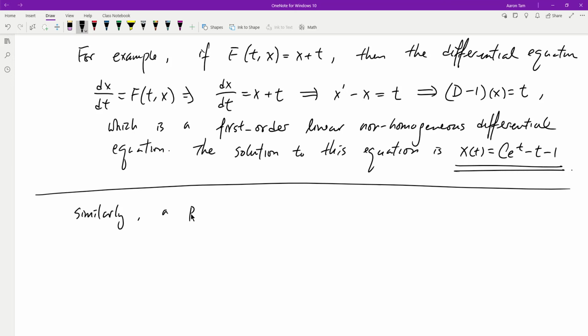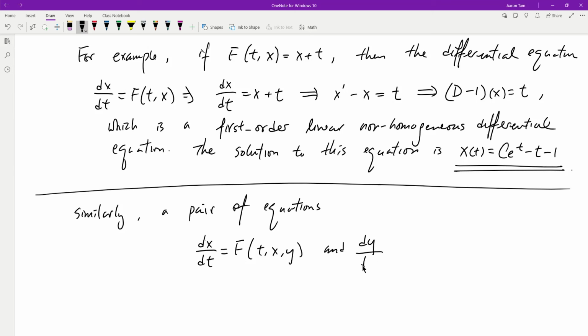So similarly, let's say we have a pair of equations in this form: dx over dt equal to some function of t, x, y, and then we have a second derivative, dy over dt, which equals a different function of t, x, y.